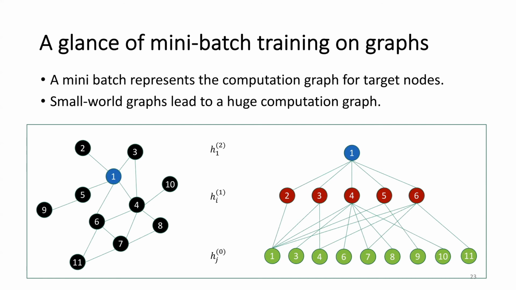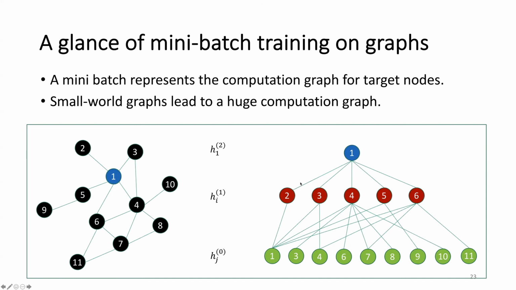So I can create a mini batch of size 1, that has a single target node, by just extracting its ego network. Okay, so this is a mini batch of size 1.